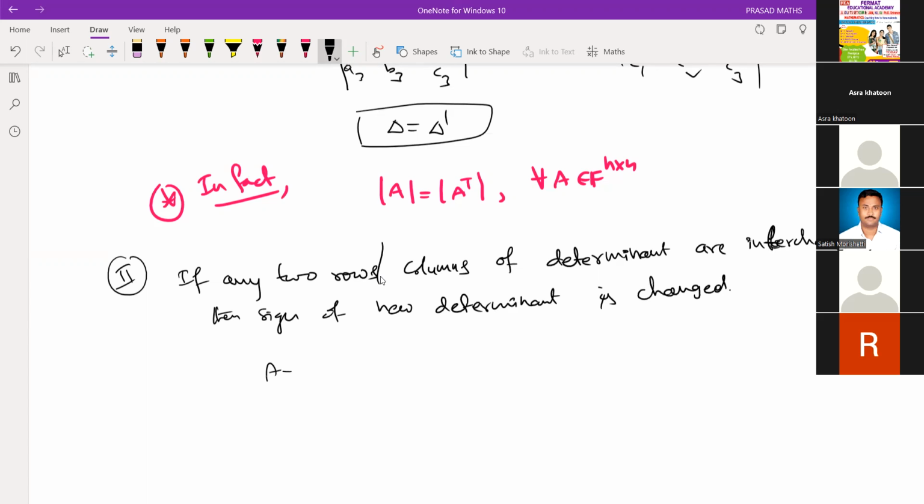Means if you take, for instance, A1 B1 C1, A2 B2 C2, A3 B3 C3, right? No, this is a matrix, this is a determinant.